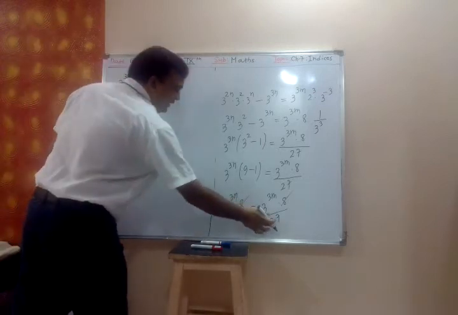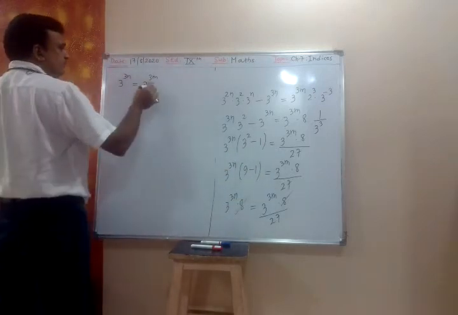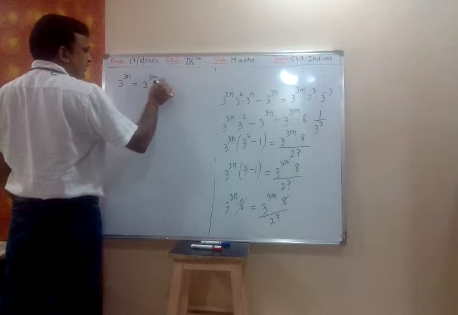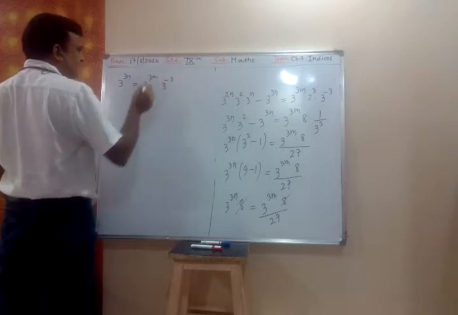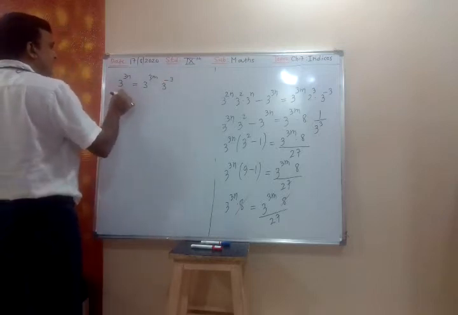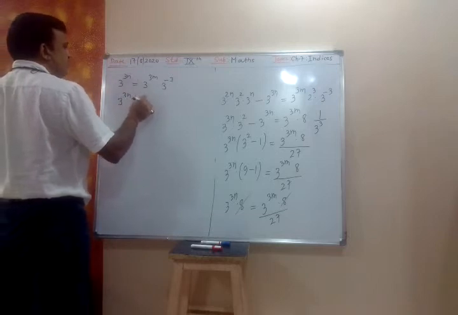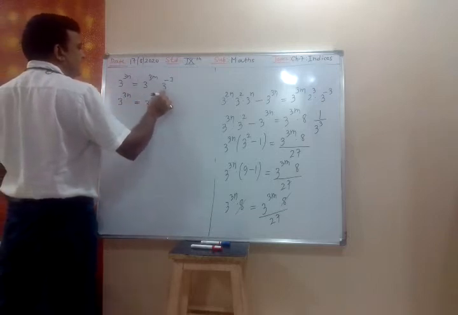Now this 27 I can take up, no problem. You will get 3 raised to minus 3. So 3 raised to 3n is equal to 3 raised to 3m minus 3.